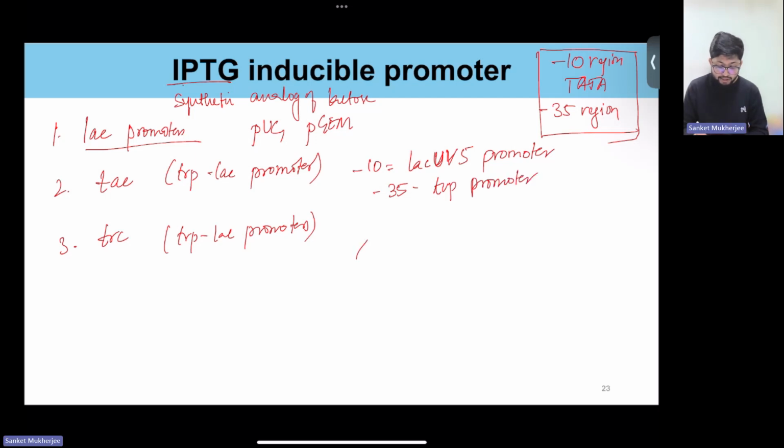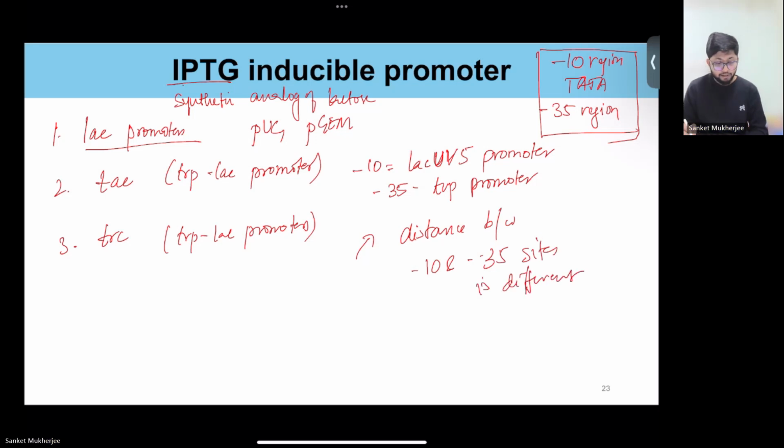Here also it's the same, but the distance between the -10 and -35 sites is different. An example of tac promoters is in the pKK223 plasmid. In case of the trc promoter, it is pTRC99A.